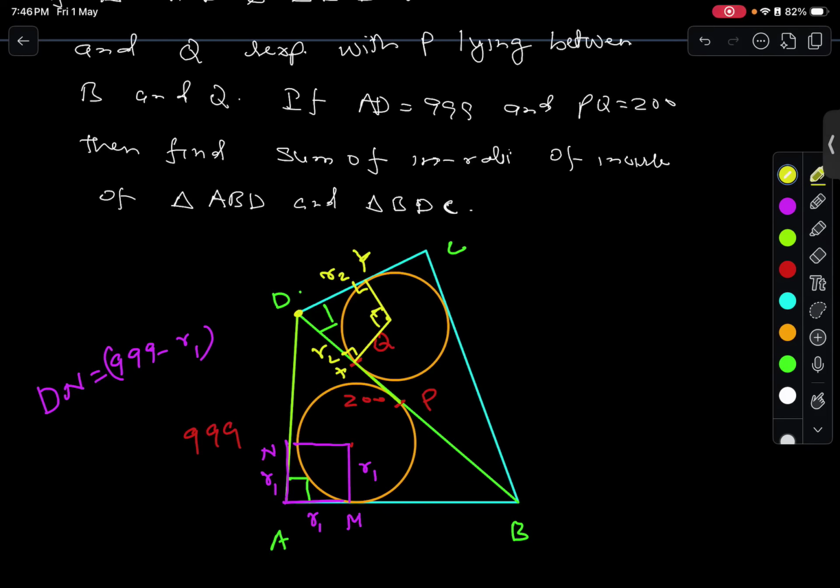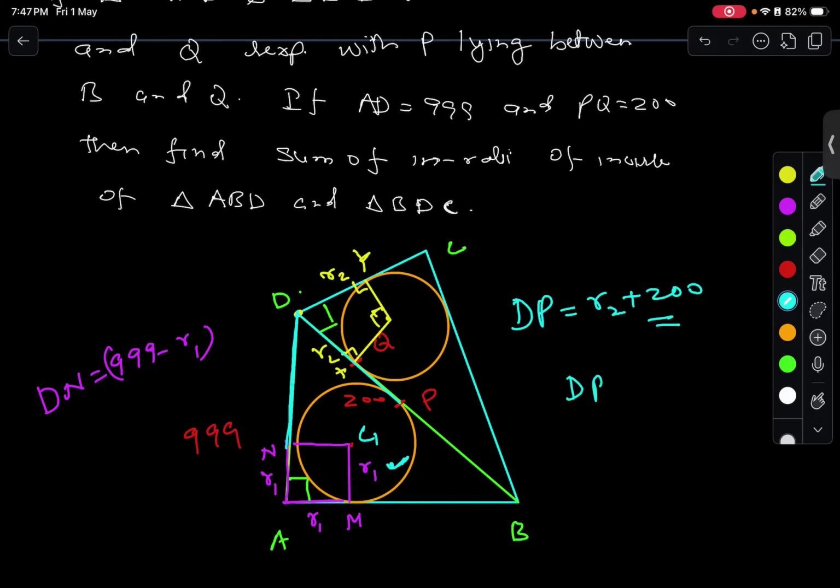D is the point. From this point, from point D, I'm drawing two tangent lines on circle C1. One is this one and other is DP. Okay. And the length DP is R2 length plus 200.